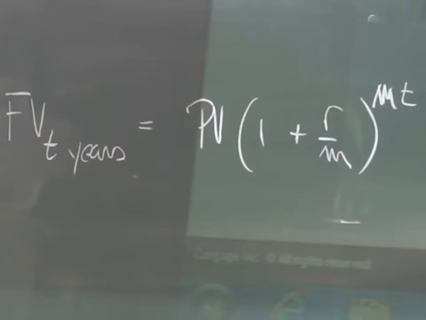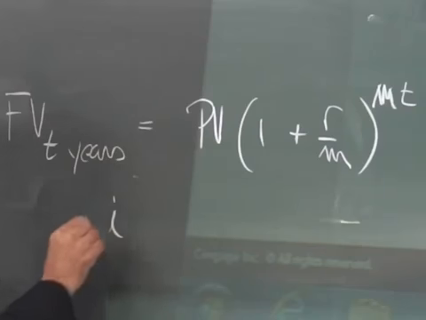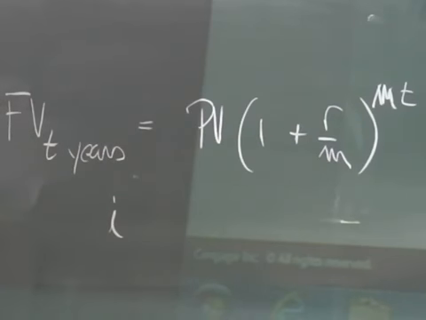It's important, right? Because we have this rate per month, per period, it's different, right? So it's the rate per year, T is the number of years, M is the number of periods, and that's it.